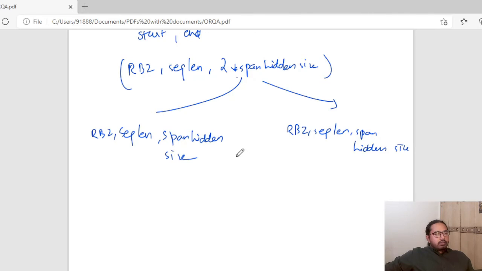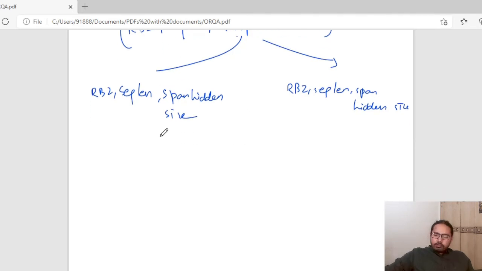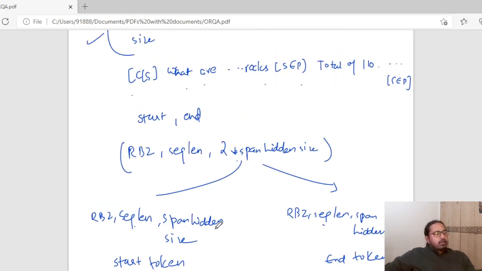So each of these tensors here are the representation of our start tokens and the end tokens. If you see, the length of both of these vectors is sequence length. So what it is telling us is what is the chance of total being the start token of the answer, and what is the chance of total being the end of the answer to the question, what are the rocks.